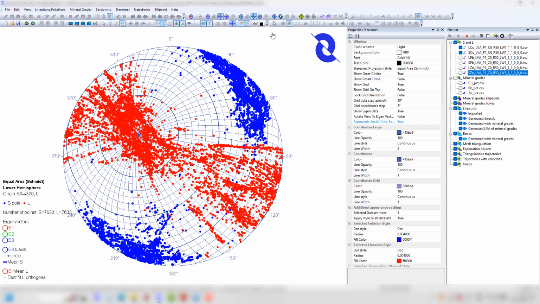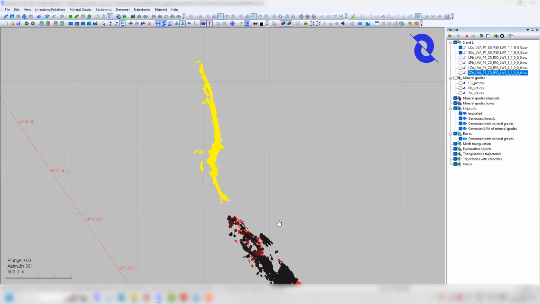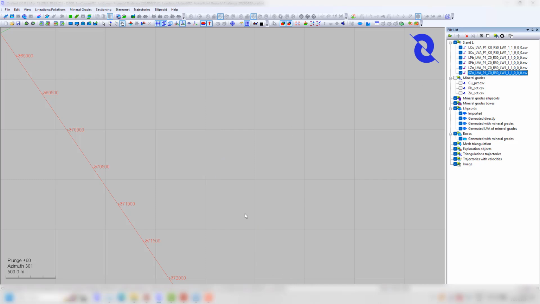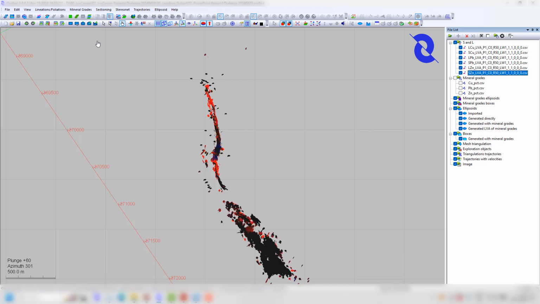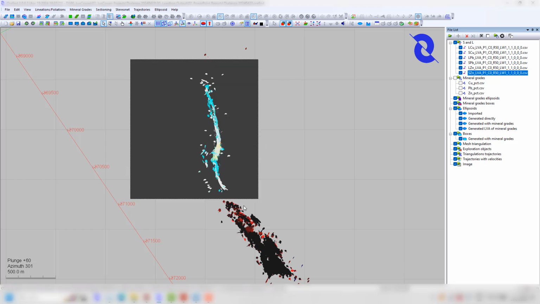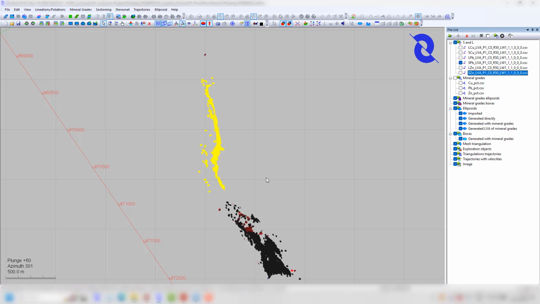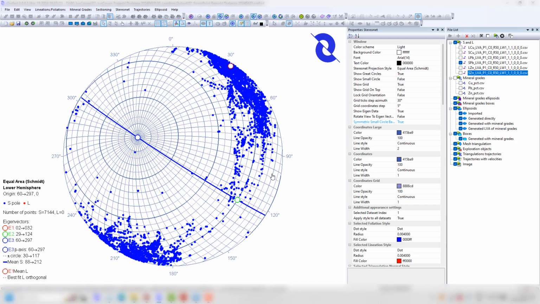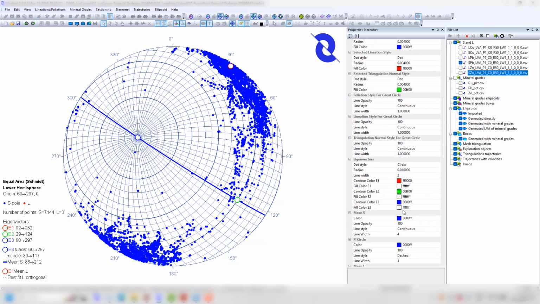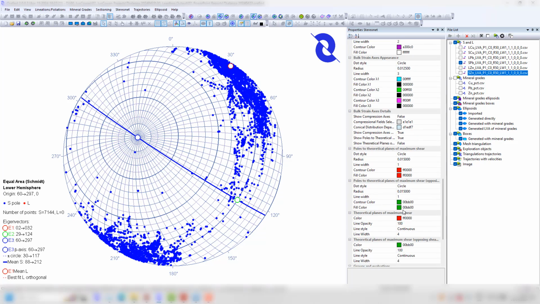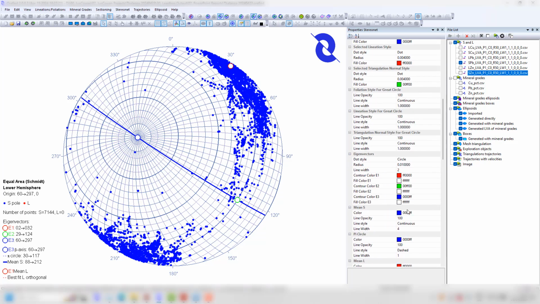How about the zinc and copper? Not zinc and copper, but lead and zinc are the same.